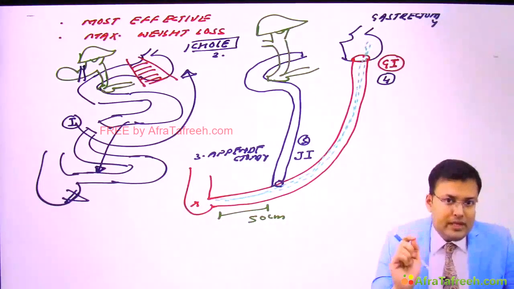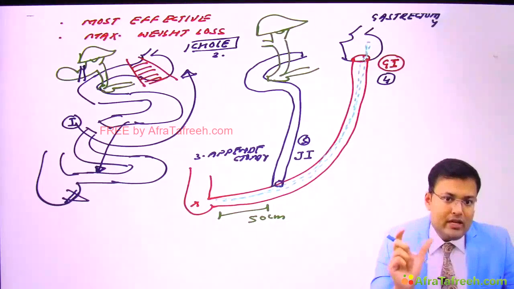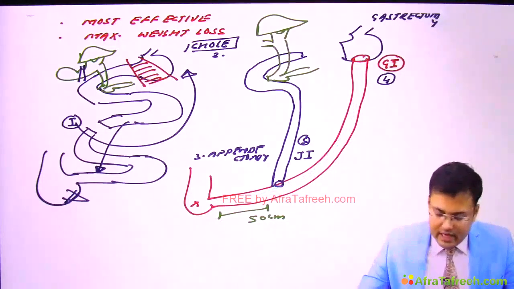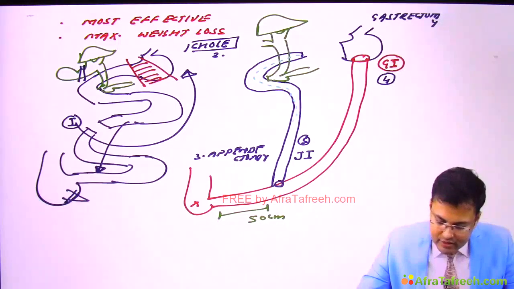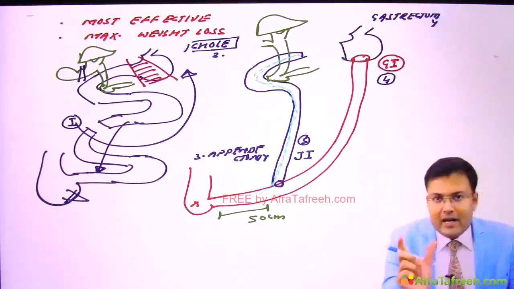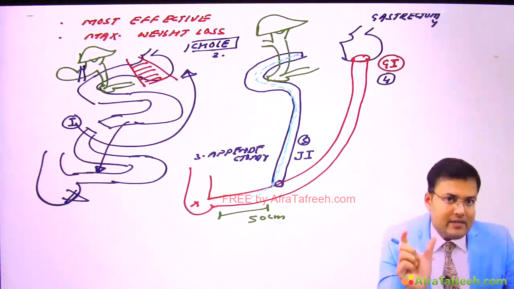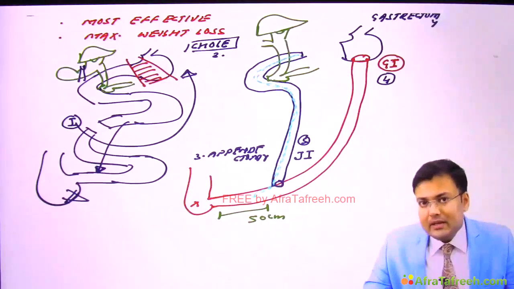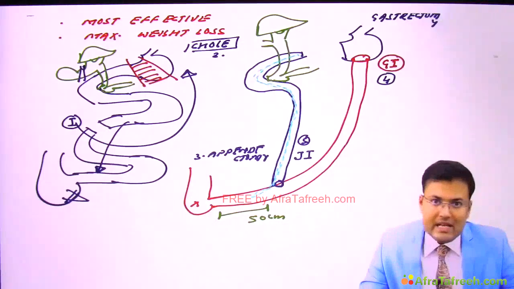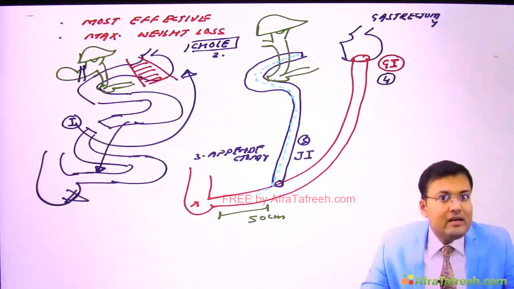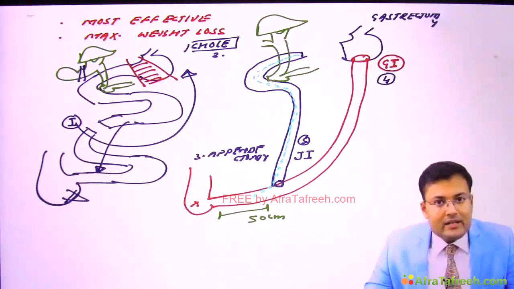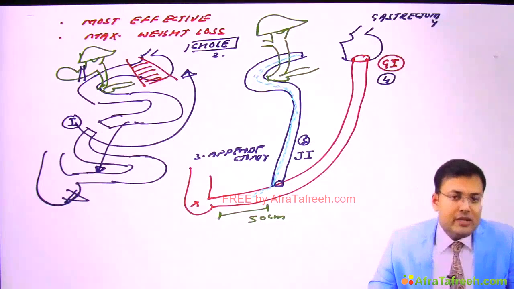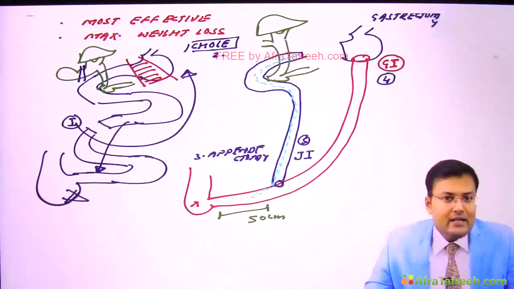It mixes with bile and pancreatic juice only in the distal 50 centimeters. So hardly the last 50 centimeters is available for digestion and absorption. Most of the food the patient has taken is not digested properly or absorbed, and these undigested, unabsorbed nutrients go into the colon and finally out.